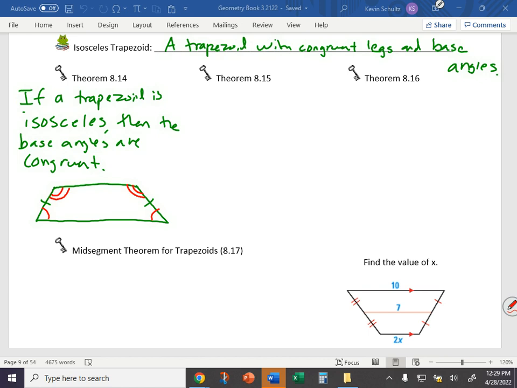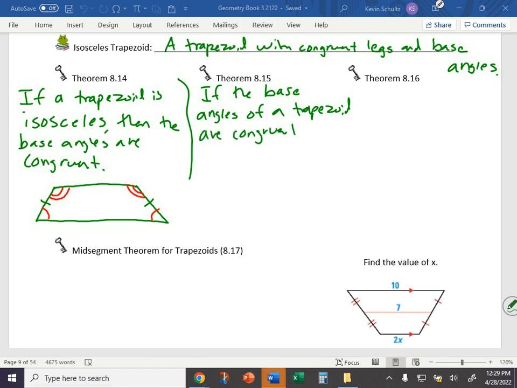Theorem 8.15 is really just the converse. It says if the base angles of a trapezoid are congruent, then the trapezoid is isosceles.